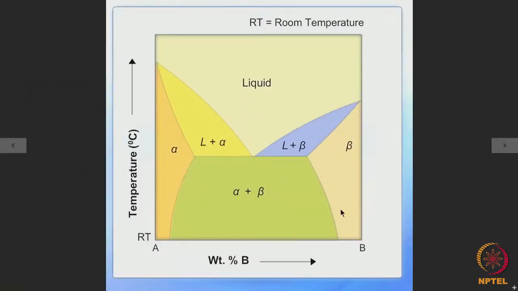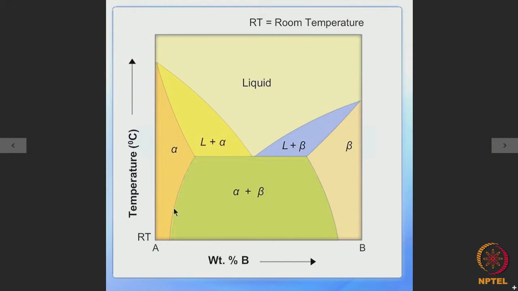If we look at this particular phase diagram, say for example, if we take different alloys made up of this much of B, this much of B, this much of B and this much of B, then what will happen? Say at this particular temperature, up to this composition, it will be single phase alpha, and from here to here, it will be two phases alpha and beta.